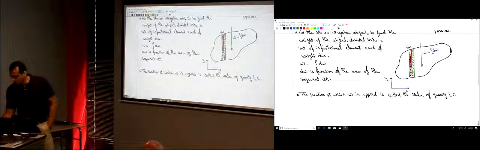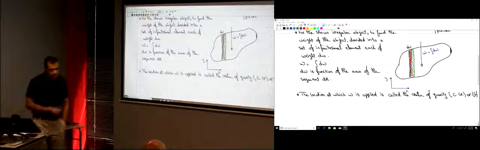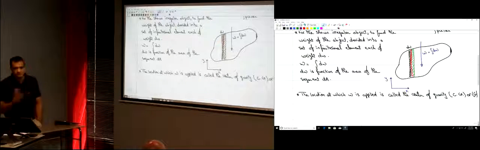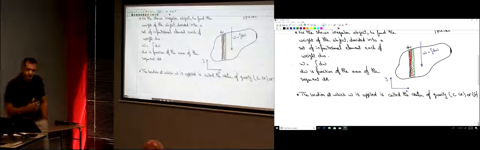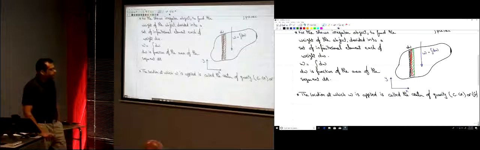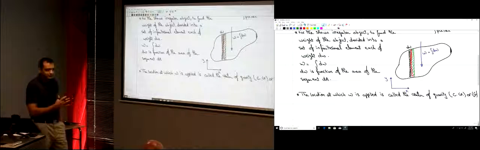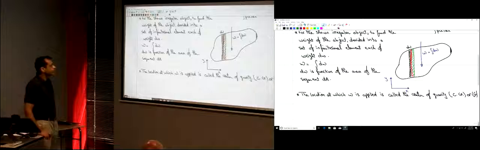Sometimes I prefer calling it CG, but sometimes it's just given the notation G, okay? Point G is the center of gravity, or CG, you can use whatever you want. I was raised using the notation CG, but for example, the textbook prefers the notation G, okay? But no problem, it's a notation, use whatever you want, okay?